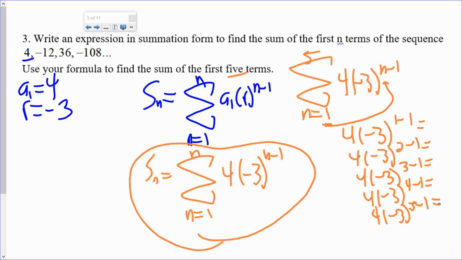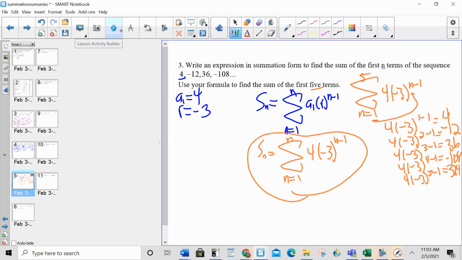Use the calculator if you need to. That's 4. That's negative 12. That's 36. And again, you can just literally type each of these into the calculator. That's negative 108. And this is 324. I'm going to use a calculator for this last part.